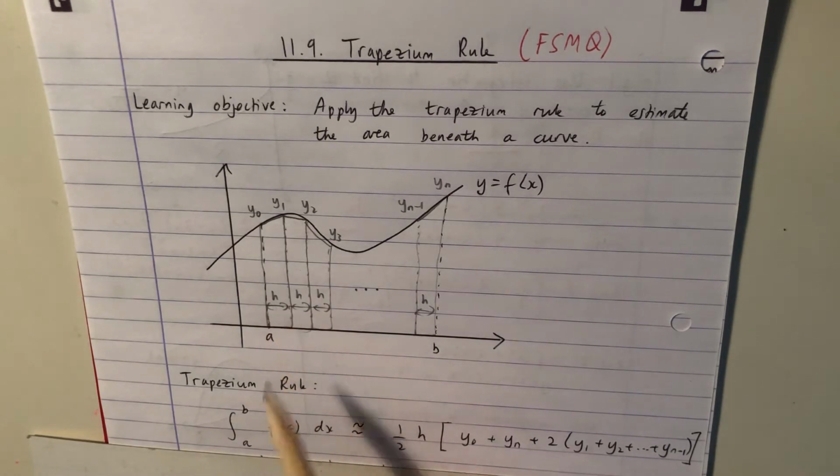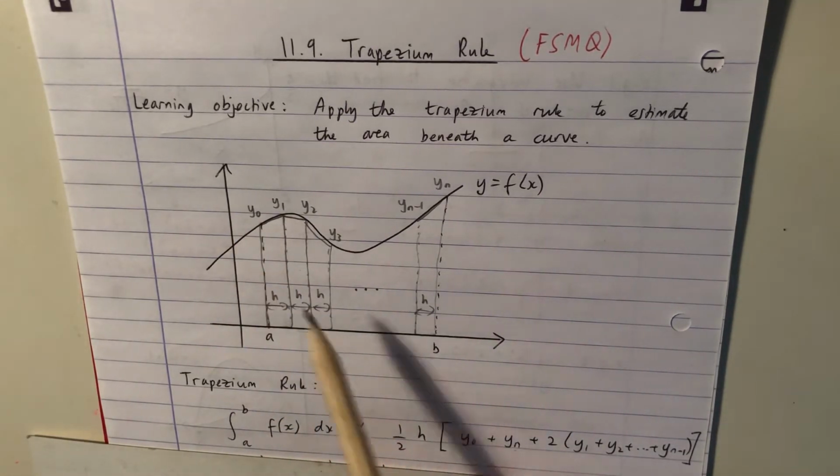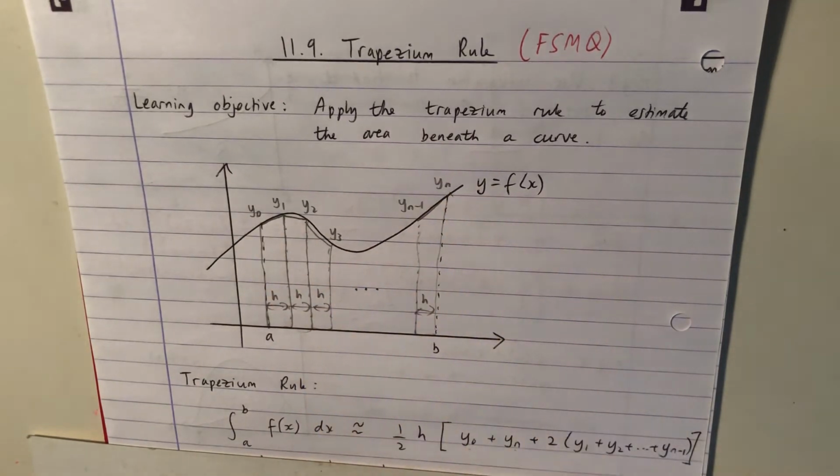Remember, h was the width of the trapeziums, and in brackets you've got these y0, so like the heights of the trapeziums or how tall they were. So y0 plus yn, the first one plus the last one, plus twice y1 plus y2 plus dot dot dot all up to yn minus 1, the penultimate one. So it's approximately half h brackets first height plus the last height plus twice the rest.